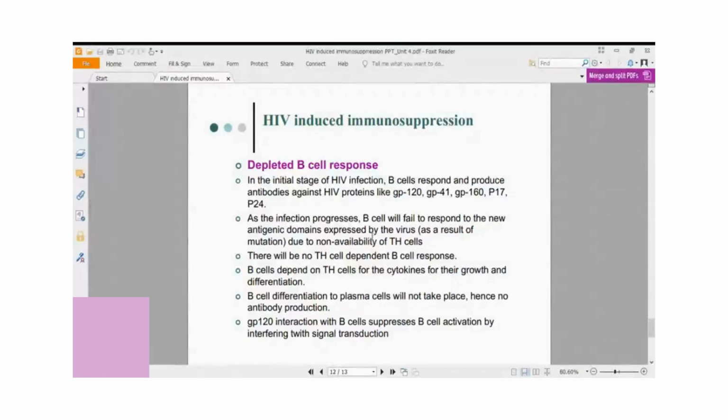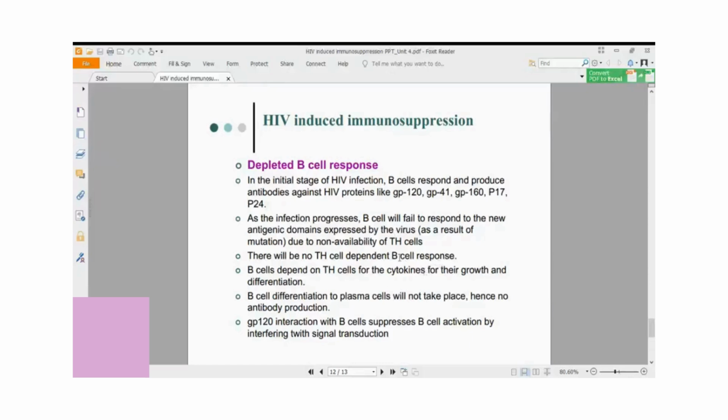Synapse formation with the TH cell by the B lymphocyte is very important for TH cell dependent activation. At the same time, the TH cell secreted cytokines like IL-6, IL-4, IL-1, IL-2, all these are not available for the B lymphocyte to undergo the differentiation process to start becoming plasma cells.